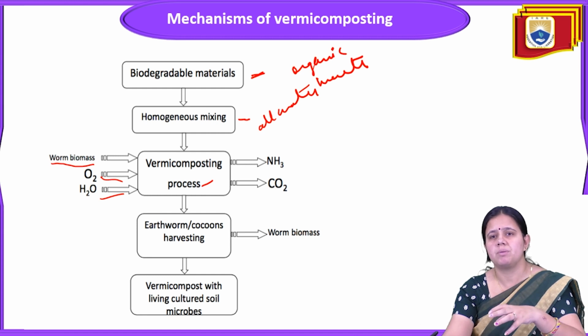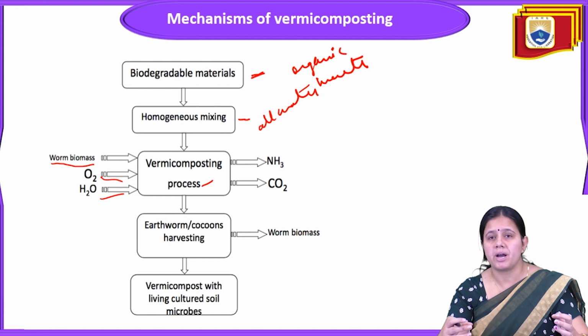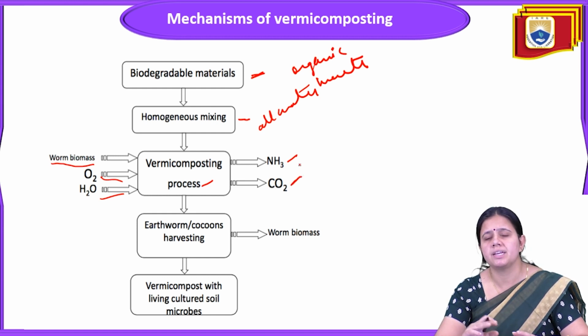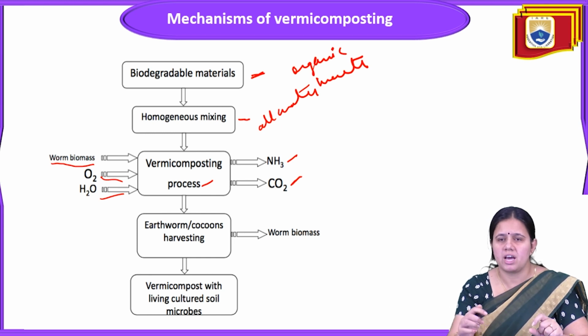Then the compost will be coming out. With the worm biomass there and some water added, the process will release ammonia and carbon dioxide. Ammonia and carbon dioxide start releasing when the degradation process starts. After that, earthworm and cocoon harvesting takes place.